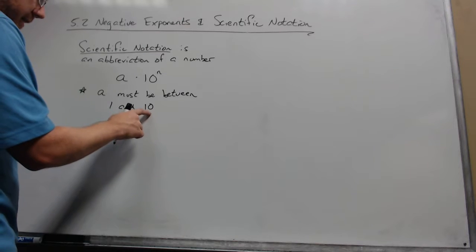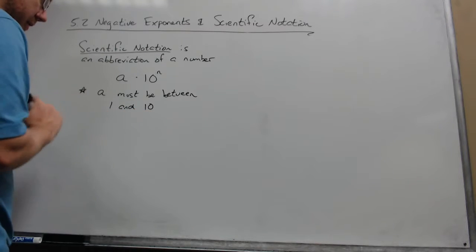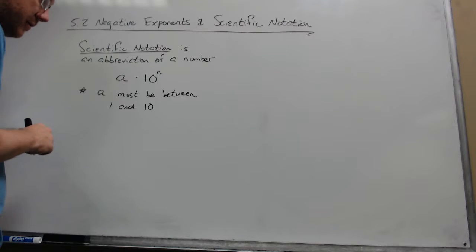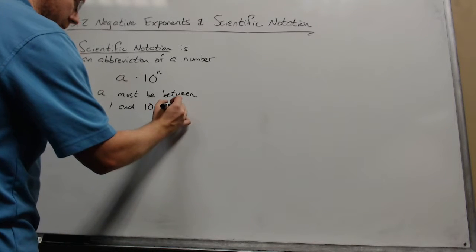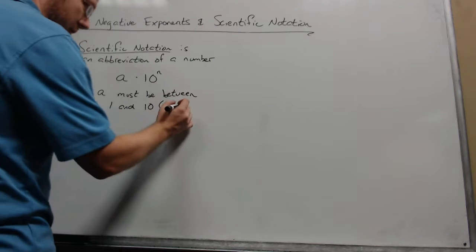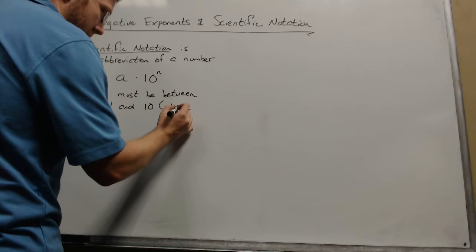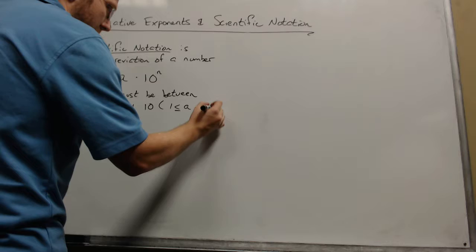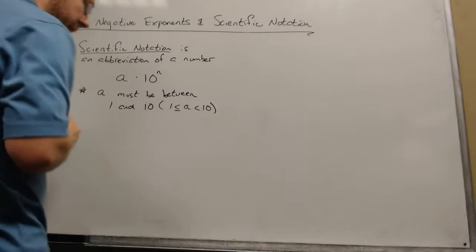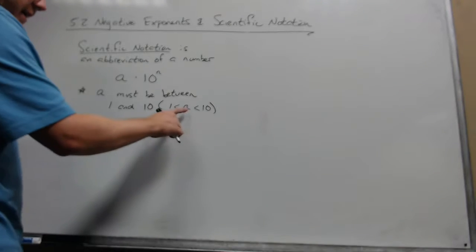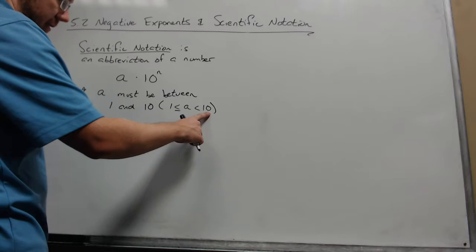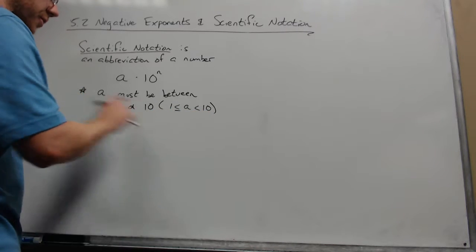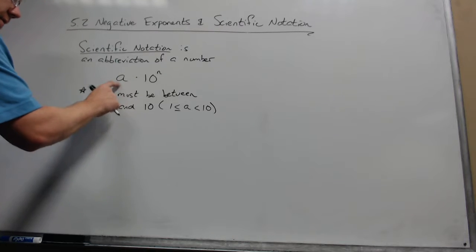So it has to be less than 10, but greater than or equal to 1. I'll put that in here in more technical terms. A can be greater than or equal to 1, but it has to be less than 10. Can't equal 10. So this number has to fall between 1 and 10.